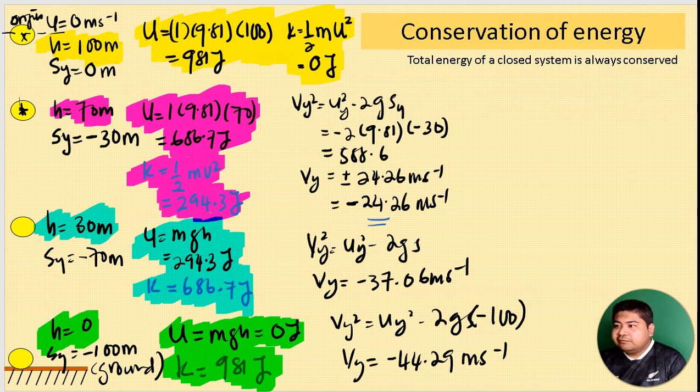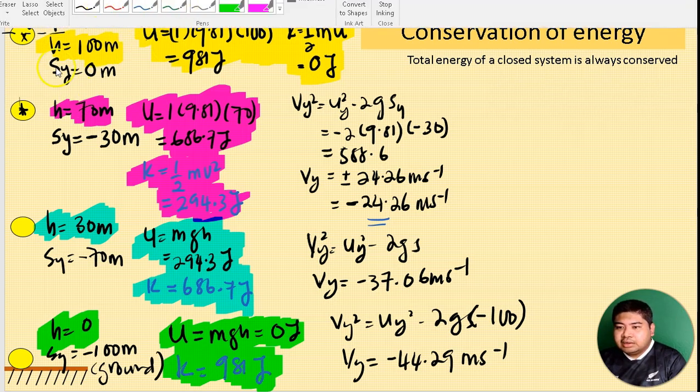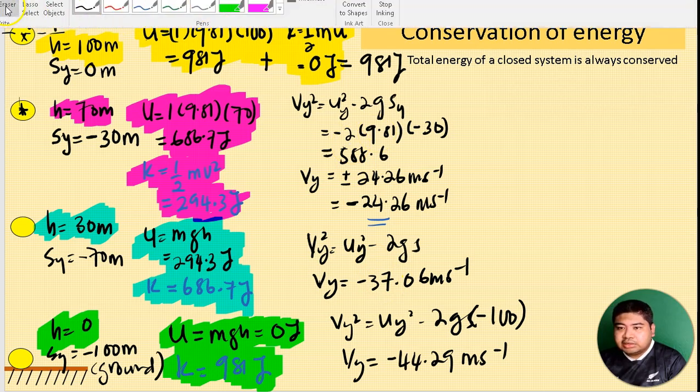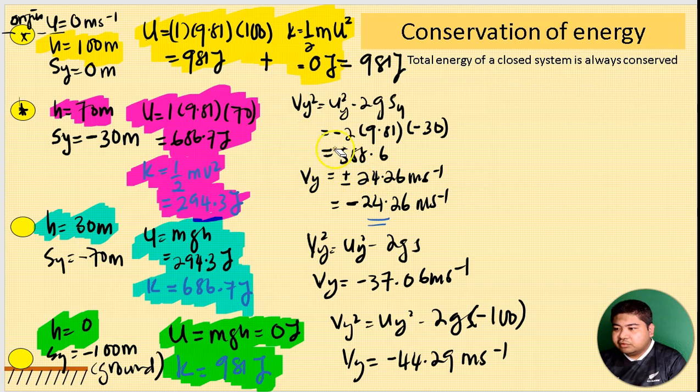Okay, so if you calculate at each point during the fall, you will get the total energy of the ball: 981 plus 0, you get 981 joules. I'm going to clear out the calculation that we did for the velocity.